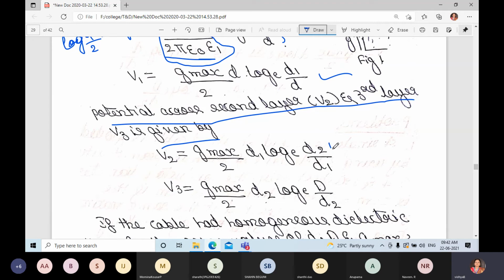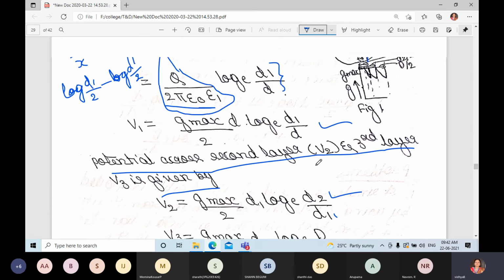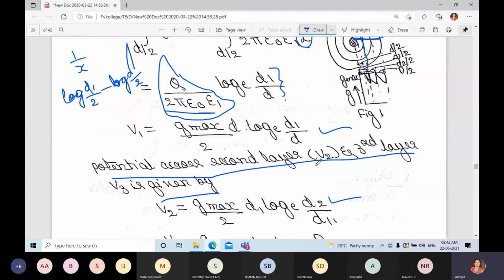After d2 what you will get? Capital D. After d1 what you will get? Next layer d2. Just change the next layers. Instead of d we have written the next layer d1. Instead of d1, next layer is d2, and here next layer is d1. Instead of solving again, we can write V2 and V3 equations directly.